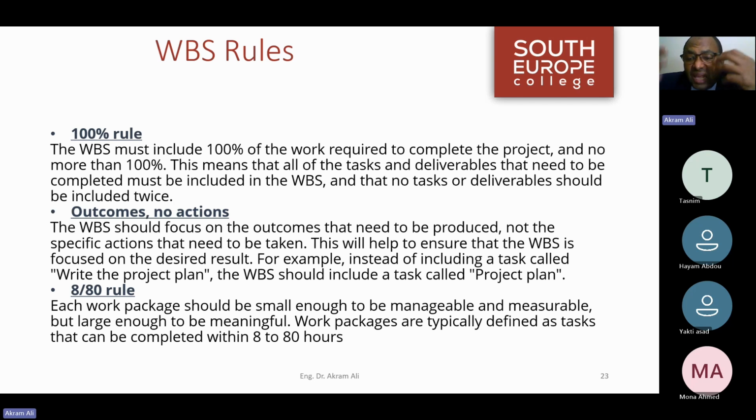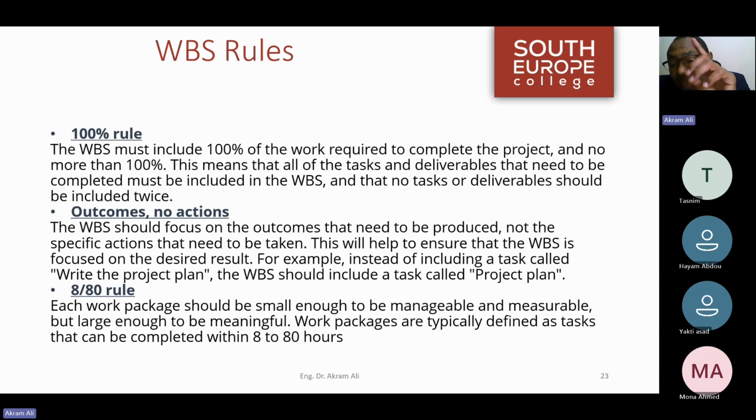Like I said, how much detail, how much progressive elaboration do I need to get? So this is my guiding rule, which says 8/80 rule. So a work package of a minimum of one workman day and a maximum of 10 workman days.